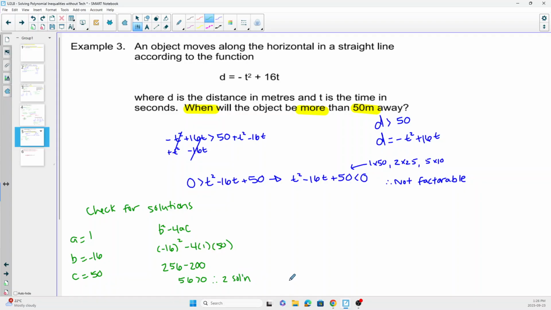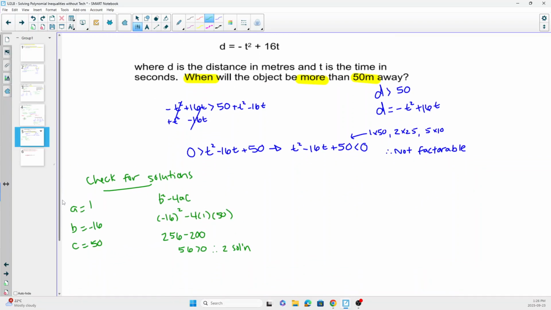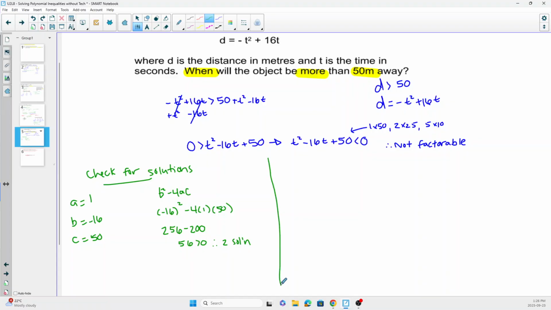So that's good. The nice thing is if we've already checked for solutions by subbing into the discriminant, it actually makes our life a lot easier when we go to deal with the quadratic formula. So just draw a line here. Our quadratic formula is negative b plus or minus the square root of b squared minus 4ac, divided by 2a, and this is going to be equal to, in this case, our values of t that result in this function having a function value of 0.